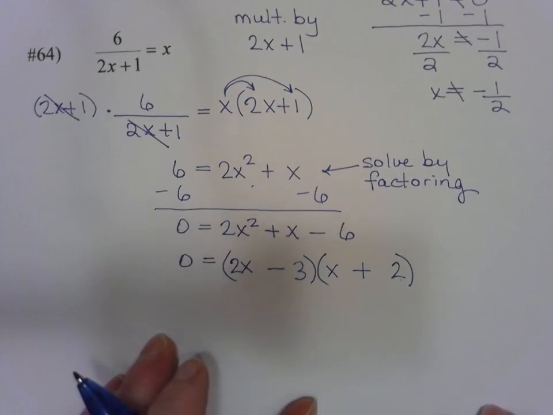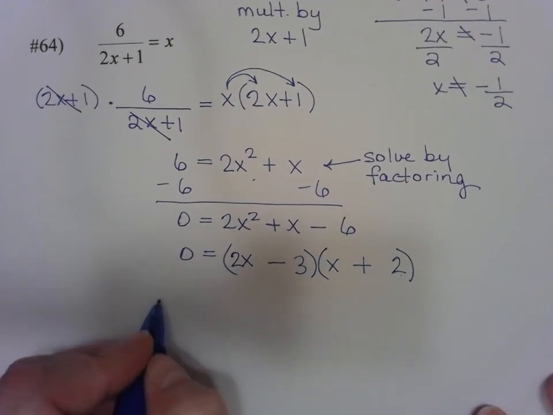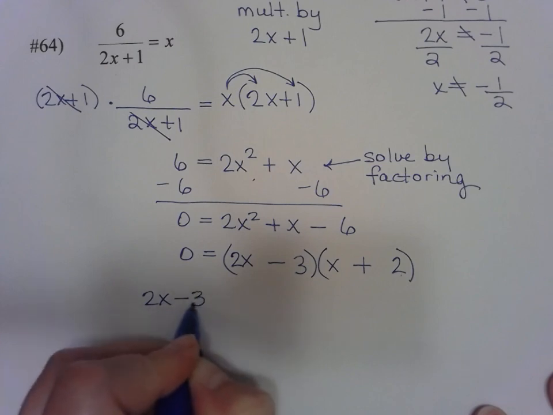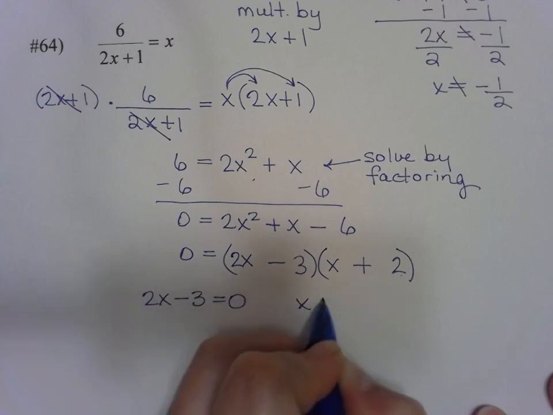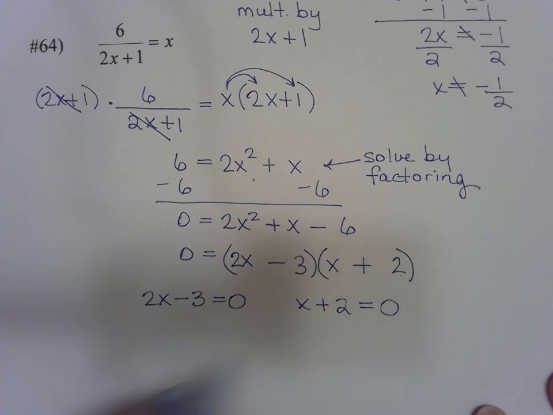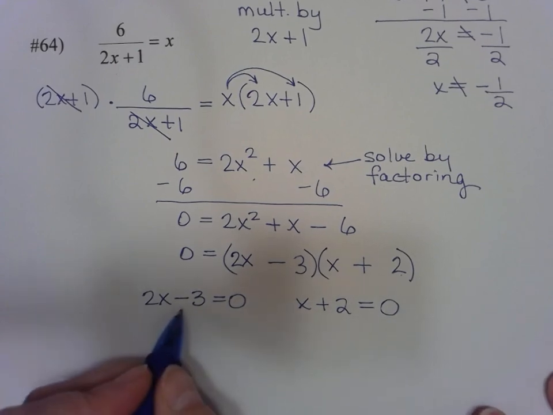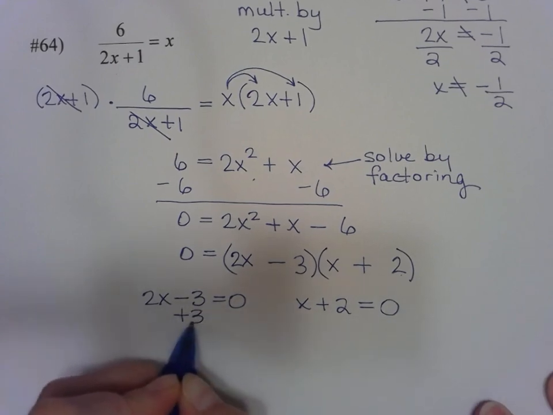Okay, then I'm going to set each part equal to 0. And I'm going to solve from there. So I'm going to add my 3.